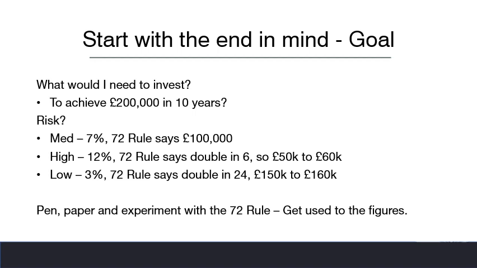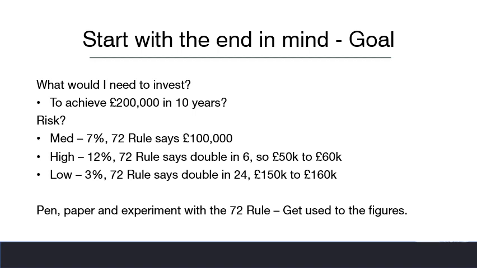If a client was willing to take a high risk, say 12%, or a low risk, say 3%, then that investment is either going to be much lower, £50,000 or £60,000, which will double in 6 years, or a much higher amount needed, £150,000, because the rule says it will double at 3% in 24 years. We haven't got that time, so you have to have a higher starting value. And all three of those work. 7.2 times 10 is 72, 12 times 6 is 72, and 3 times 24 is 72.